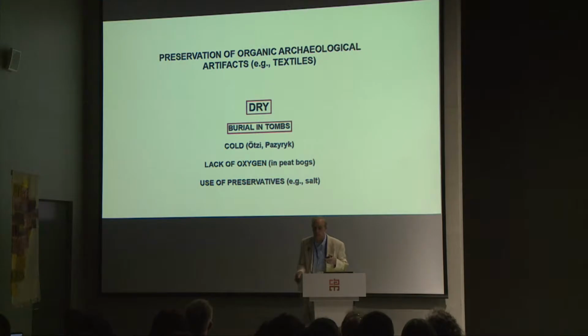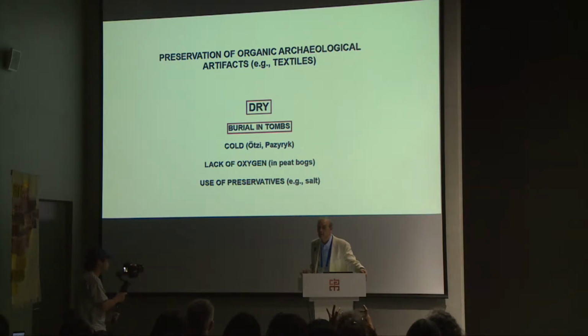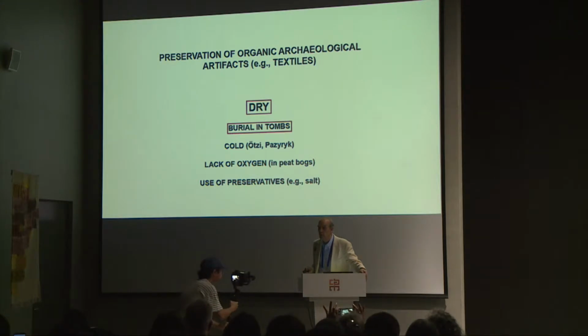So what you need here are places that are dry, and one way to get dryness, of course, is to live near a desert or someplace that's naturally dry, but also many tombs, well, some tombs anyway, stay dry because they eliminate water.